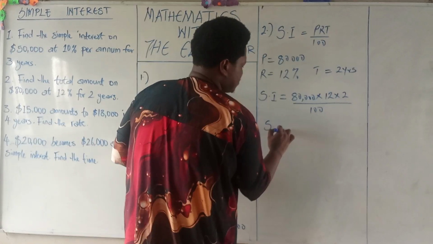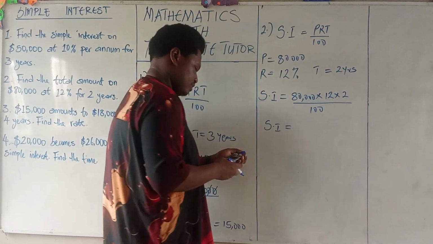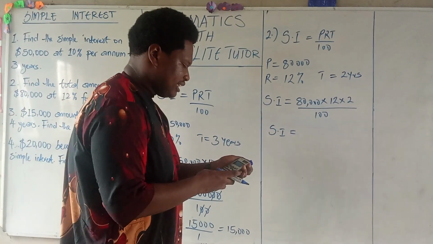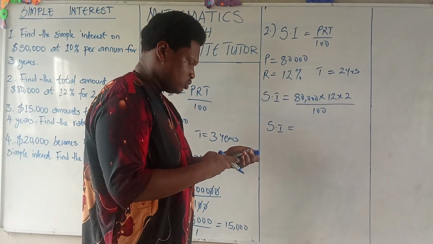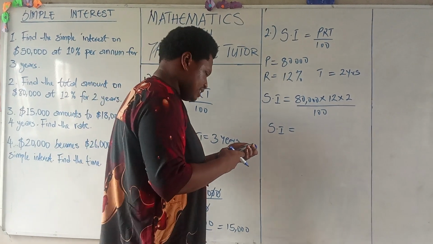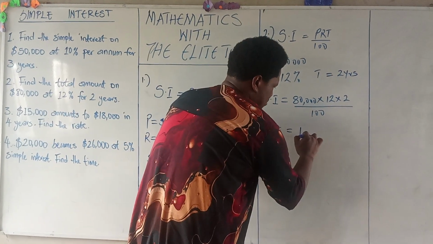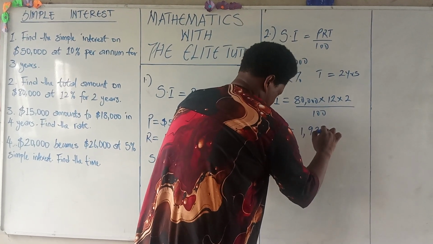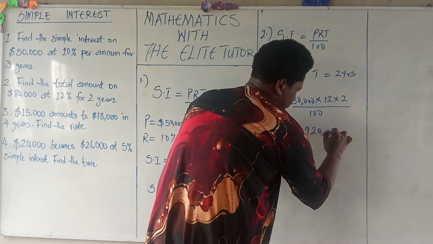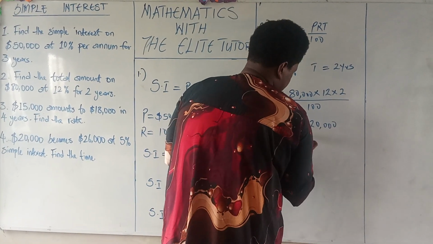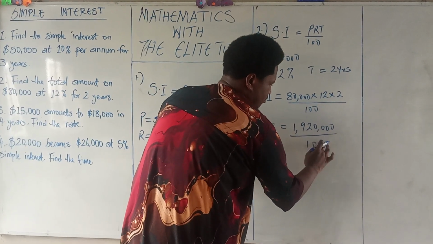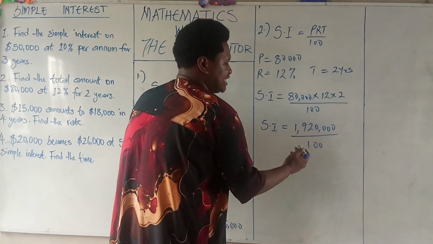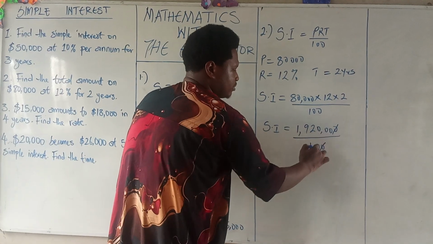So we have that our simple interest will be equal to, then we confirm from our calculator, 80,000 times 12 times 2, which is 1,920,000, divided by 100. So let's divide: we cancel 0, we cancel 0.